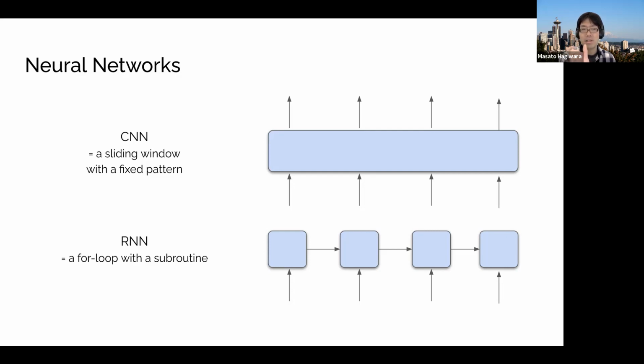You want to detect some pattern in the input, and the way this computes the output is you slide this window over the input and compute the inner product between this window and the input, and you get a value for each time step.